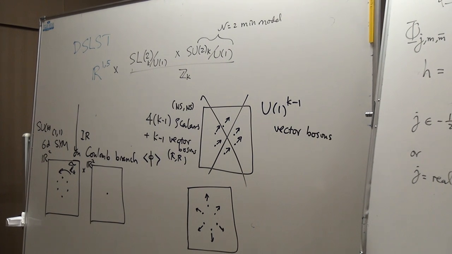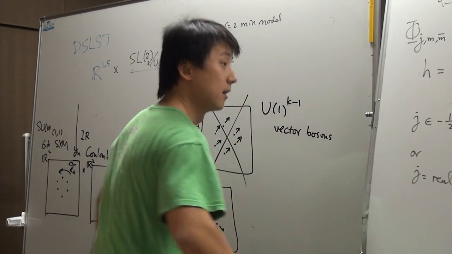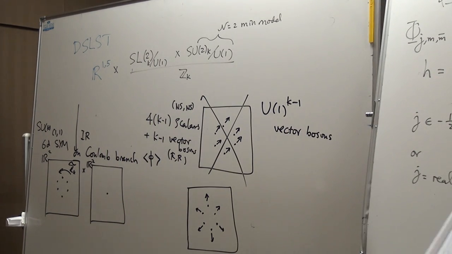Perhaps I should at least describe the construction of these vertex operators. This is kind of an important part of the story. First of all, I think I mentioned a little bit of this last time.